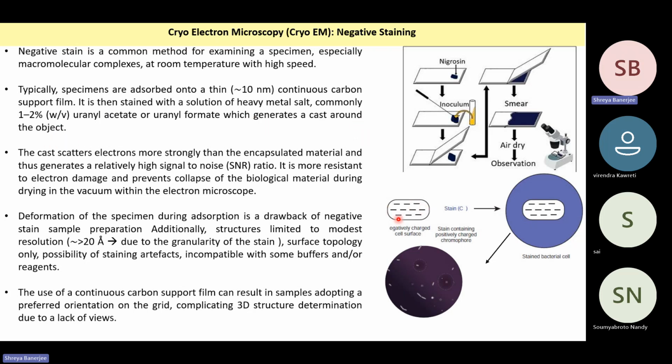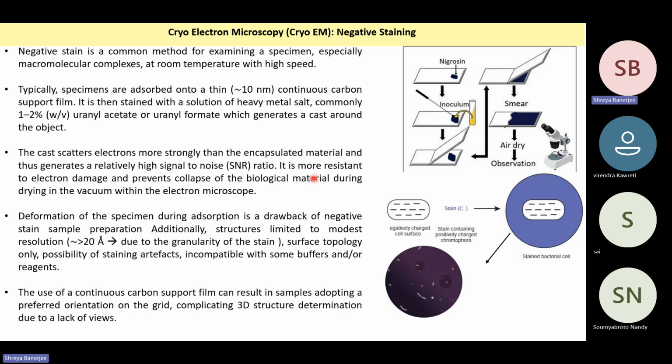So you have the cell which is stained by this heavy metal salt, which is forming a kind of layer around the object. This layer scatters electrons more strongly than the encapsulated material and thus generates a relatively high signal to noise ratio.